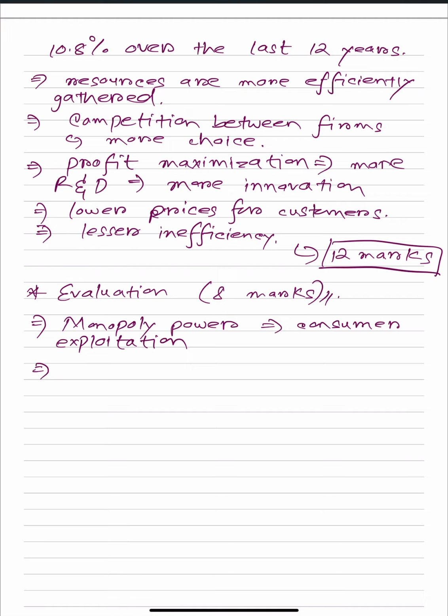Another point can be the fact that free market economy means that government involvement is decreasing. This can mean that public goods will not be adequately provided. So no provision of public goods or public goods not being adequately provided, which is a form of government failure or externality.